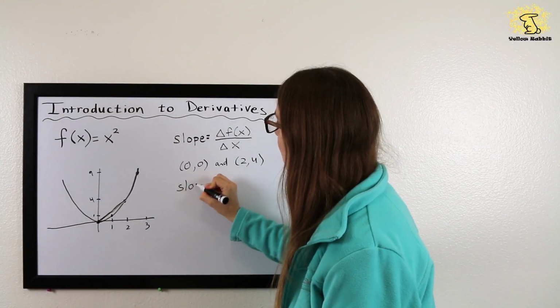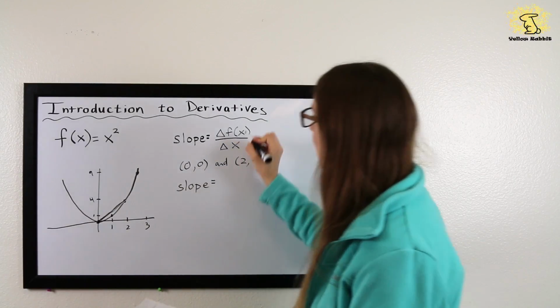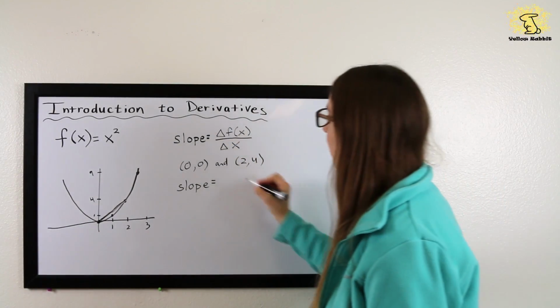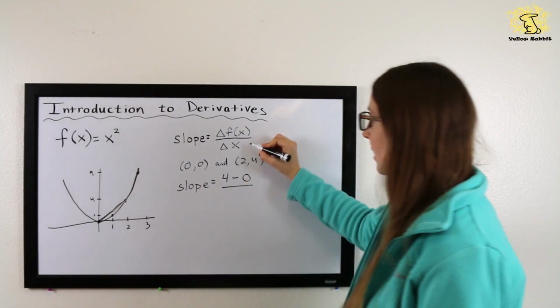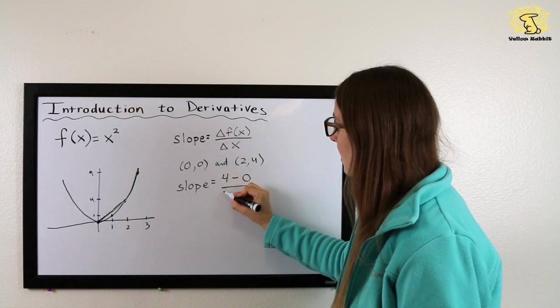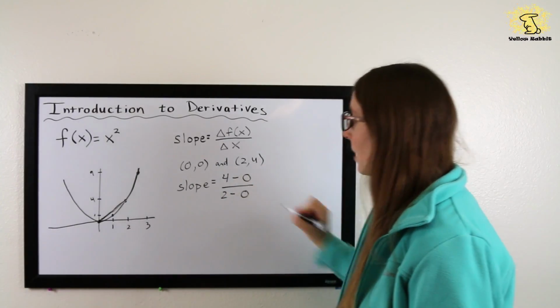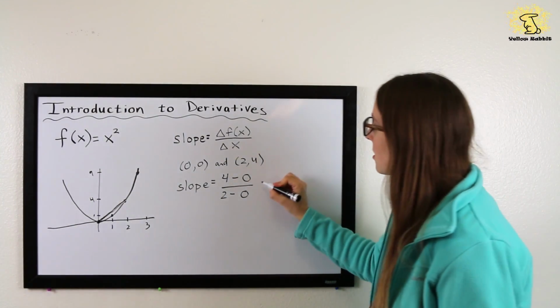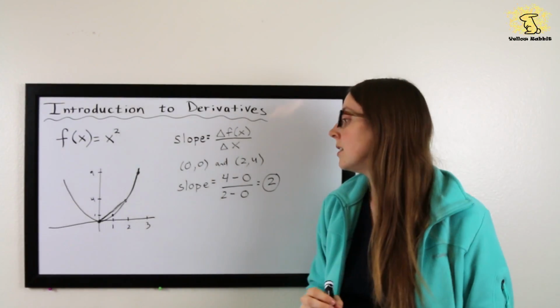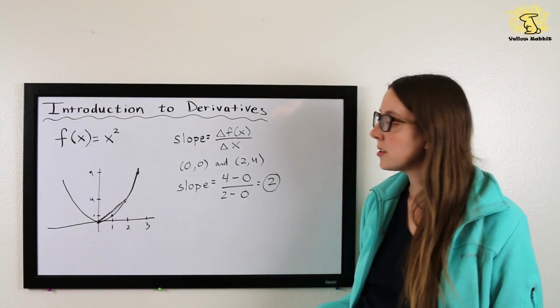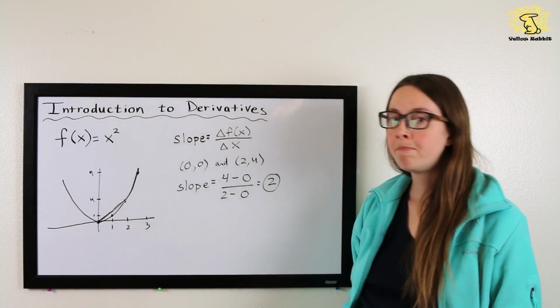Our outcome would be slope equals change in the output of the function, 4 minus 0, divided by the change in x, 2 minus 0, to give us a result of 2. So this would be the rate of change, or the slope, between these 2 points.